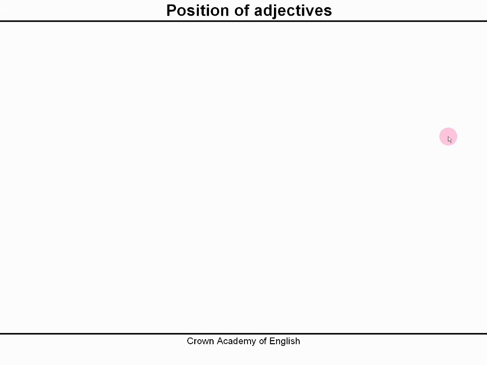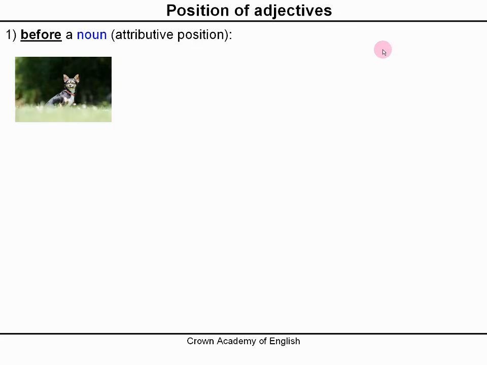Now let's look at the position in the sentence of adjectives. There are two main positions. Okay, so the first important position is before a noun, and we call this the attributive position. For example, there is a small dog in the garden.